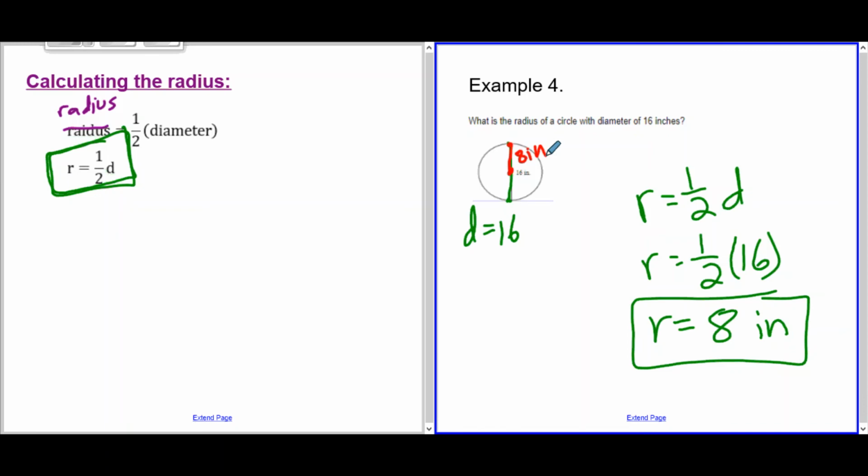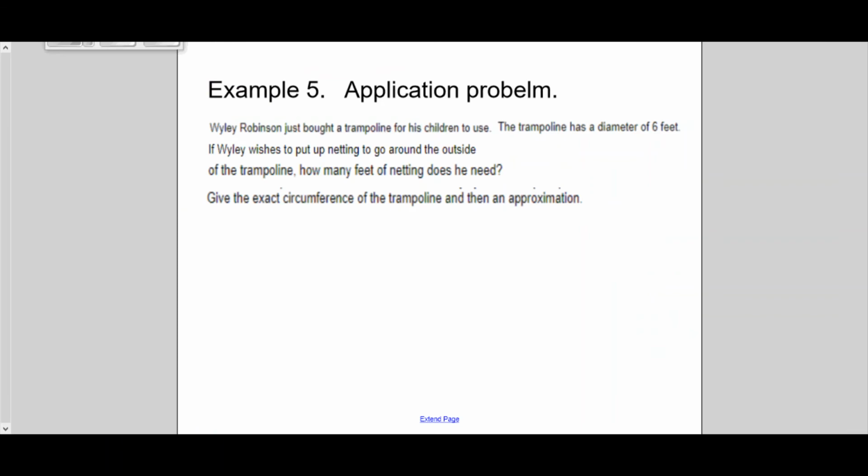The last example we're going to look at is an application problem. Example 5. So this is your application problem. It says Wiley Robinson just bought a trampoline for his kids to use. The trampoline has a diameter of 6 feet. A trampoline has a general shape of a circle, so I'm going to draw a trampoline.